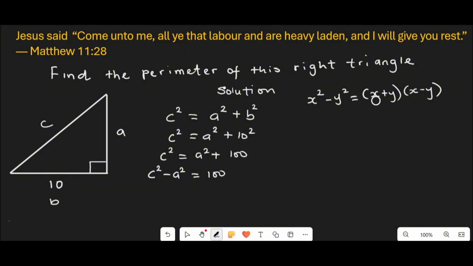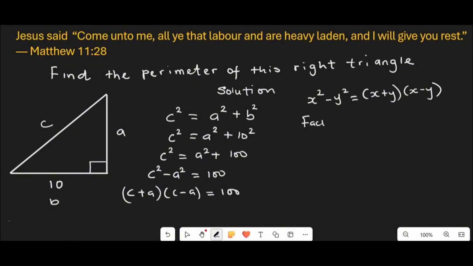So let us use this concept here. So we can say C plus A and C minus A equal to 100. Now let us find the factor pairs of 100.